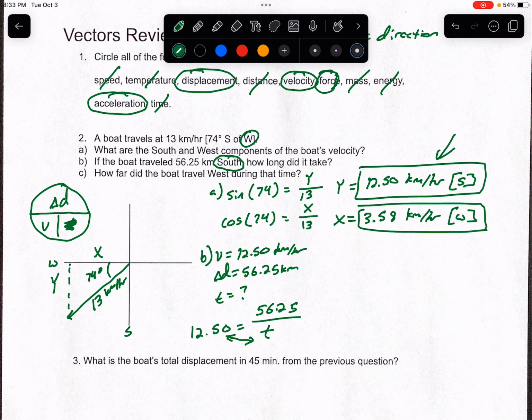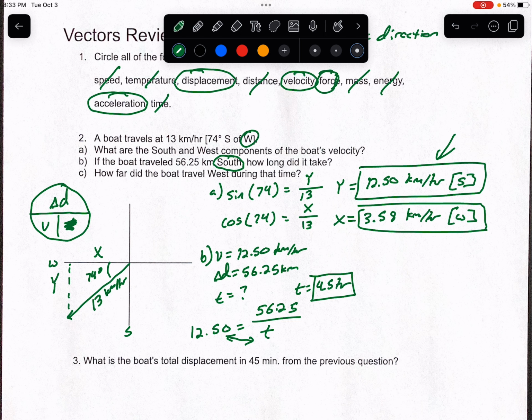That means you do displacement divided by velocity. So 56.25 divided by 12.50, and you get a time of 4.5 hours. Just be careful with this. You are in hours. Sometimes you can get into autopilot with meters per second, but it is going to be hours this time.